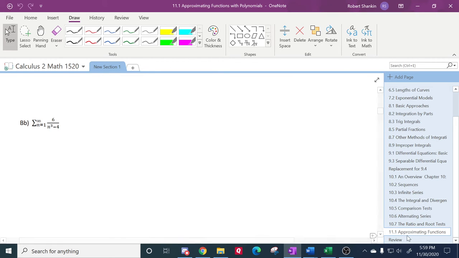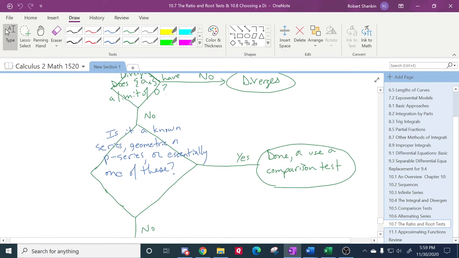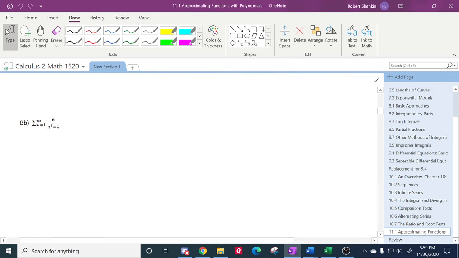Very quickly look at that, and then I go on. And then, is it a known series? This one is. If it didn't have this -4 there, and this 6 gets to come out in front, it's one of the properties of series, and the 6 would just factor right out. If it didn't have that -4, this is the p series with p equals 3, and so it converges.